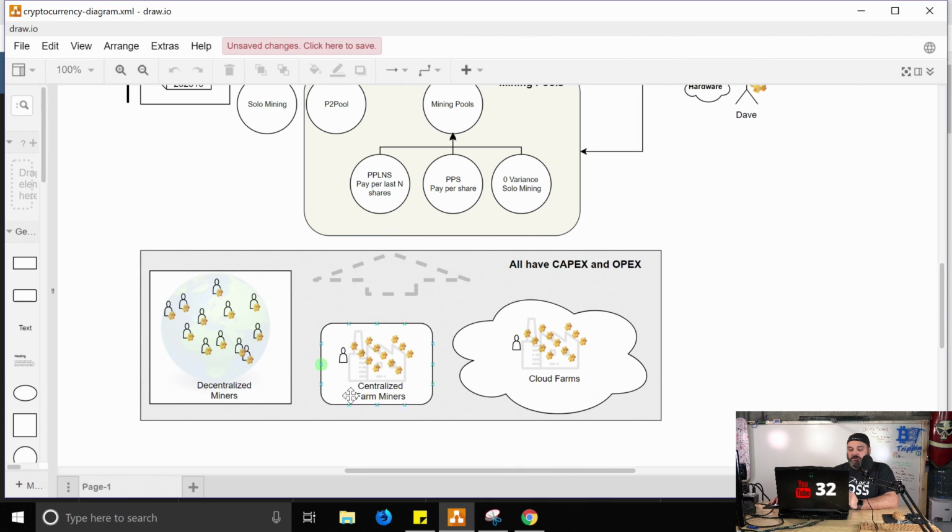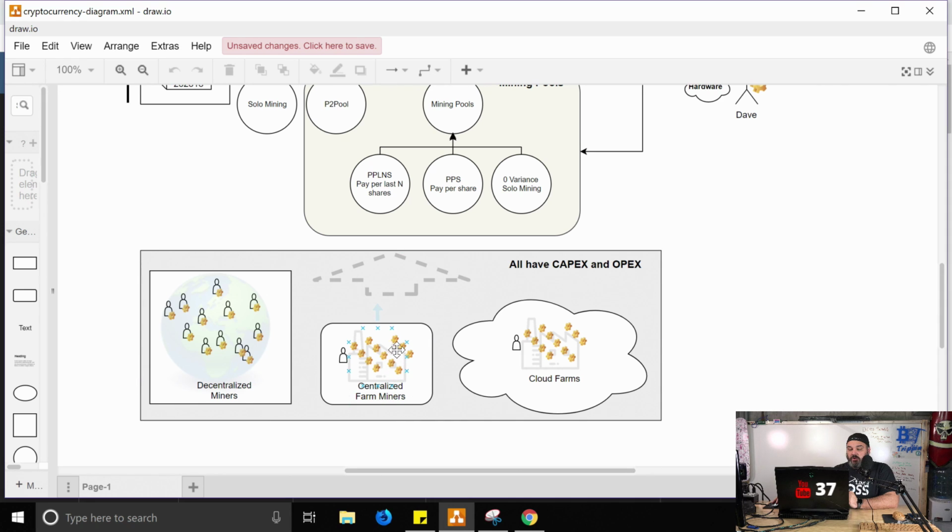Then you have your centralized farmers, which are more a collection of the larger conglomerates that have a lot of hash power, that are more dedicated, and their amount of combined hash power is a significant portion of certain networks, right?